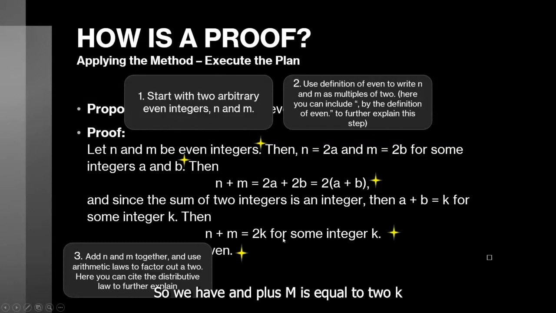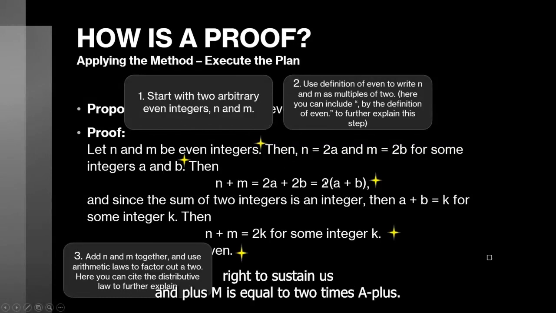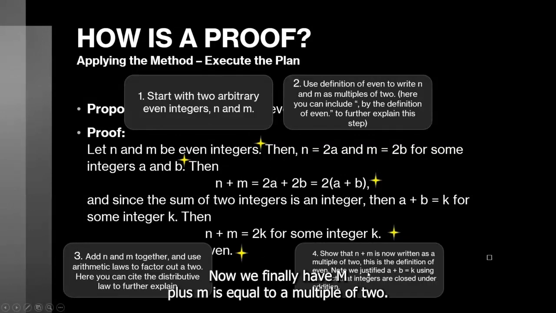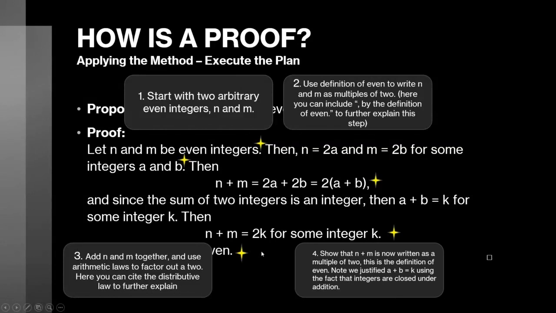So we have n plus m is equal to 2k. As if up here we have all equal signs, this is telling us n plus m is equal to 2 times a plus b. Then we replace the a plus b with a k. Now we finally have n plus m is equal to a multiple of 2. It's 2 times some random integer, in this case, k.